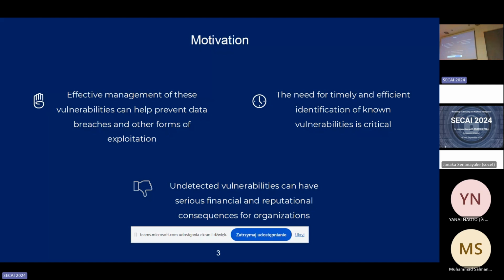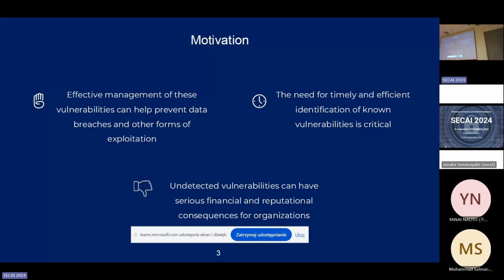Well, basically, identifying these known vulnerabilities is going to help us prevent data breaches and other kinds of exploits, right? But it's not only about identifying them, it's important to do it timely and efficiently, because we may have a vulnerability, for example, that has been there for 10 years. The idea is to identify them as timely as possible, not 10 years later.